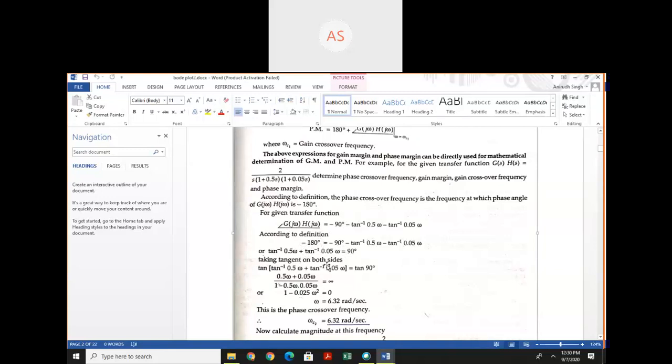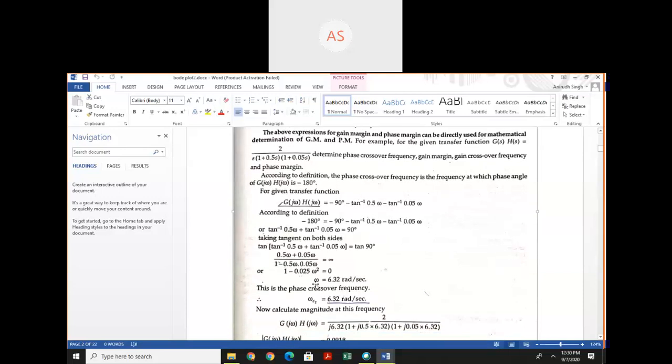Taking tangent on both sides, we get this expression, and from it we calculate the value of ω as 6.32 radians per second. This is the phase crossover frequency, because at the phase crossover frequency the angle of the transfer function is minus 180 degrees.